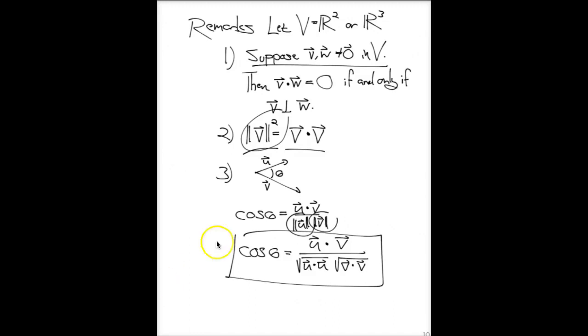So, the upshot of remarks 2 and 3 is the following. Let's just focus on this expression and this expression. We said that the geometry of the vectors in R2 and R3, the thing that we had been ignoring, was essentially the magnitude and the orientation of vectors. Those are the things that we had referred to as the geometry. So it appears that that geometry, the magnitude and the direction, is entirely captured by the dot product or the standard inner product.